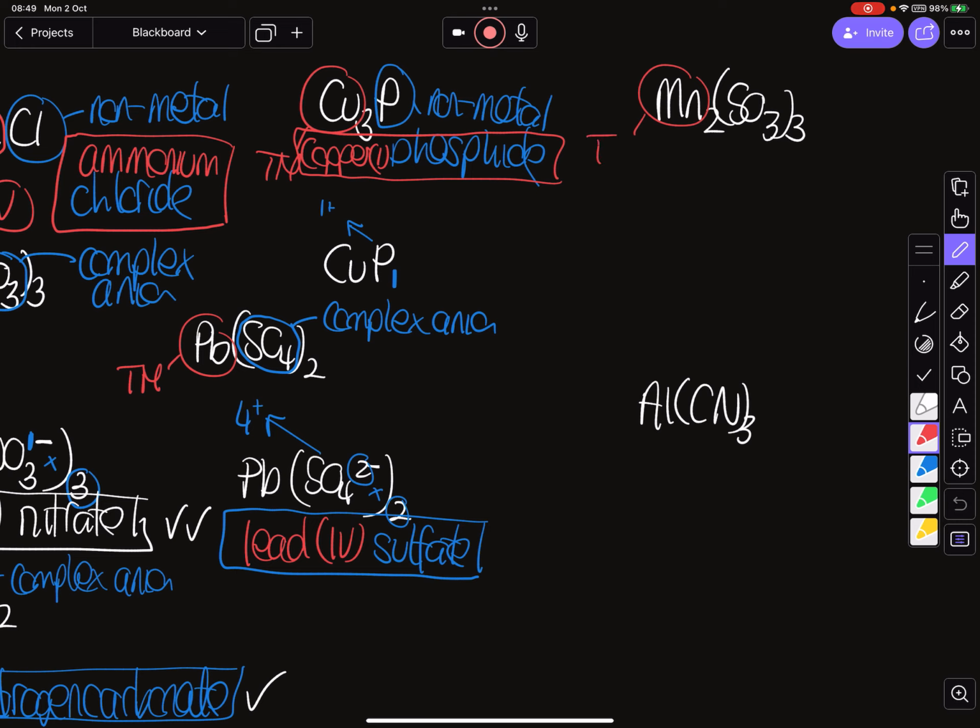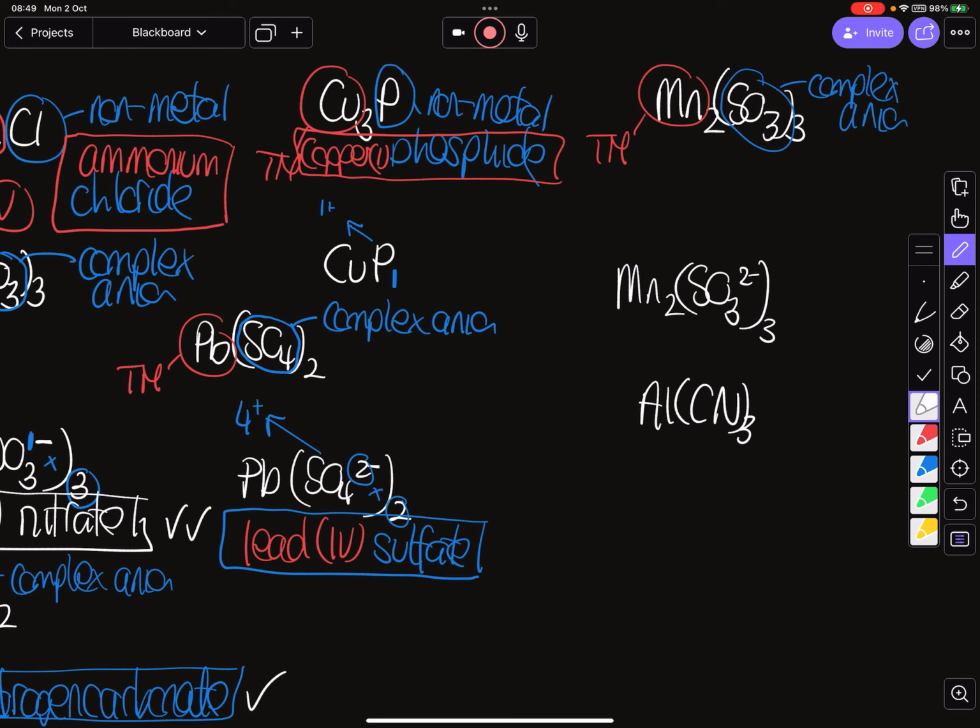This is a transition metal, so it's going to have variable valency. This is a complex anion. It is a sulfite. So we're going to have to do our drop up. So we have Mn2(SO3)3, and this is going to be 2 minus.